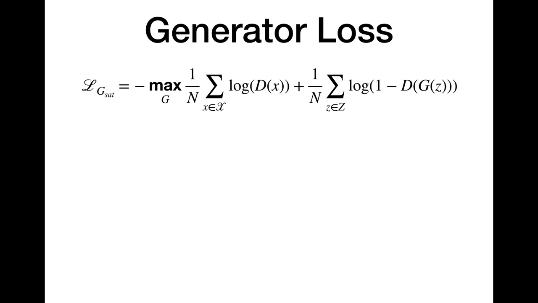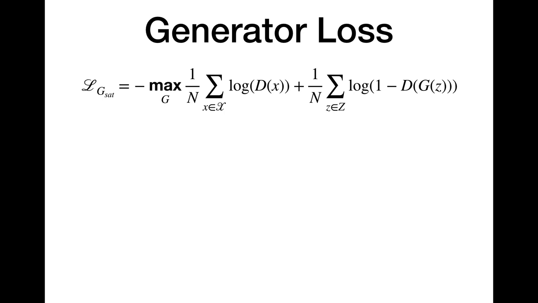Next, let's take a look at the generator loss. The generator loss is of the form shown here. If we observe the two terms, the first term doesn't really depend upon the generator. This is because it's simply the prediction of the discriminator for all of the real images.